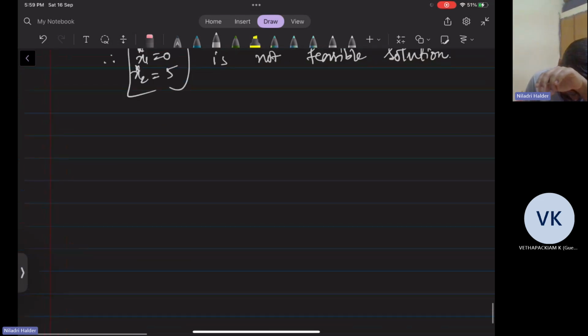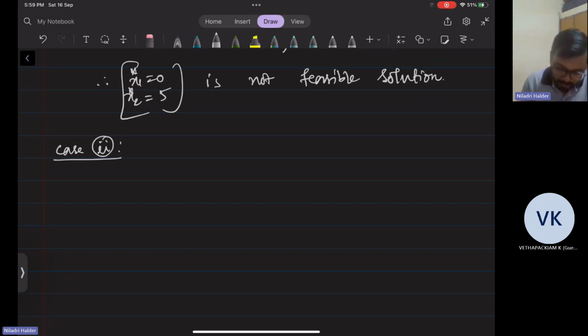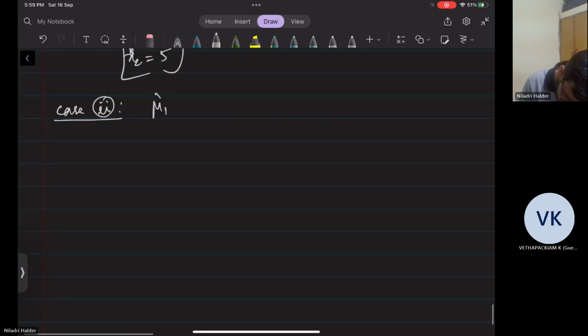Now let's take case 2. For the case 2, mu1 star is non-zero, and mu2 star is equal to 0.